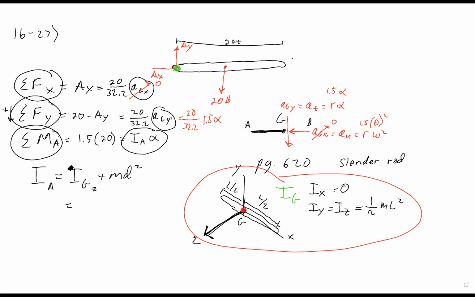The I sub G term ends up being 1/12 ml squared. That is familiar. That is the slender rod equation of the chapter. And then they have this plus m times l over 2, squared.